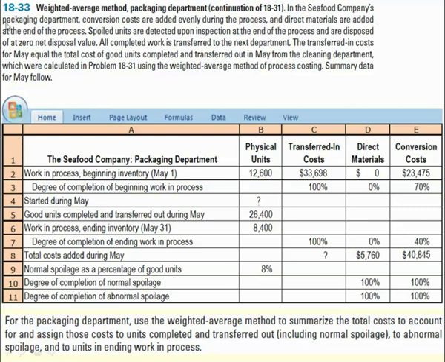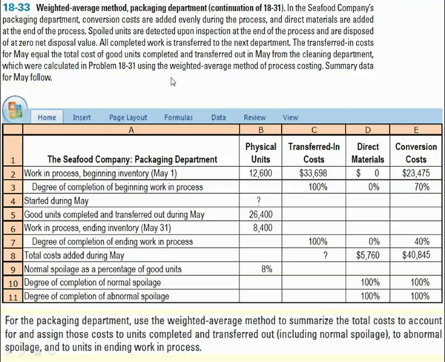In the seafood company's packaging department, conversion costs are added evenly during the process and direct materials are added at the end of the process. Spoiled units are detected upon inspection at the end of the process and are disposed of at zero net disposal value. All completed work is transferred to the next department.